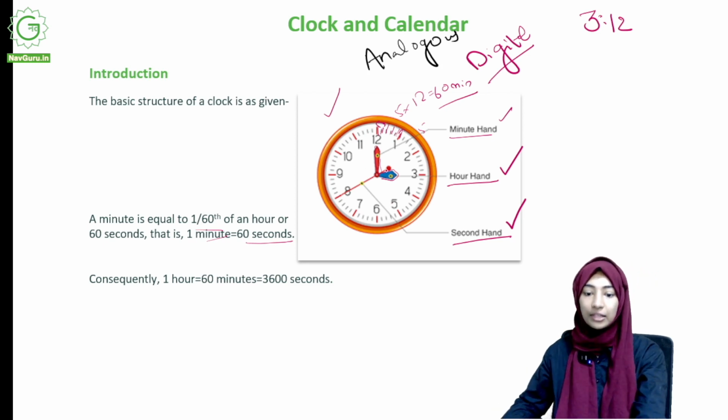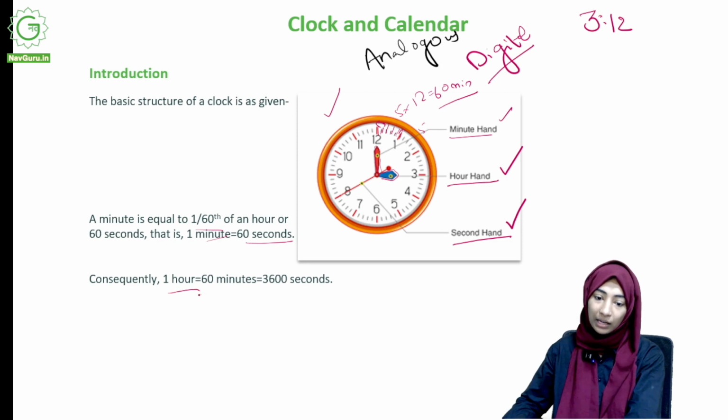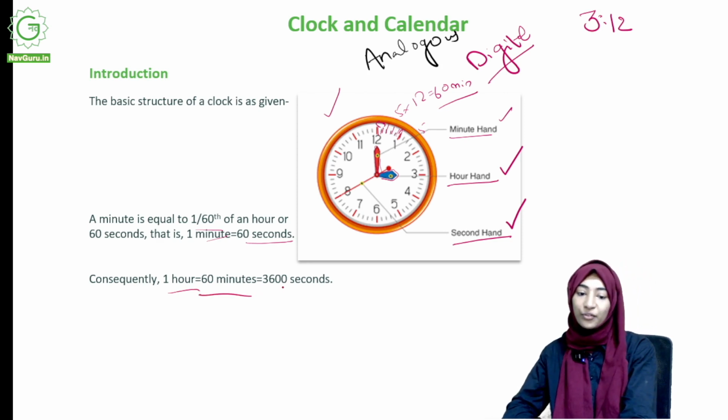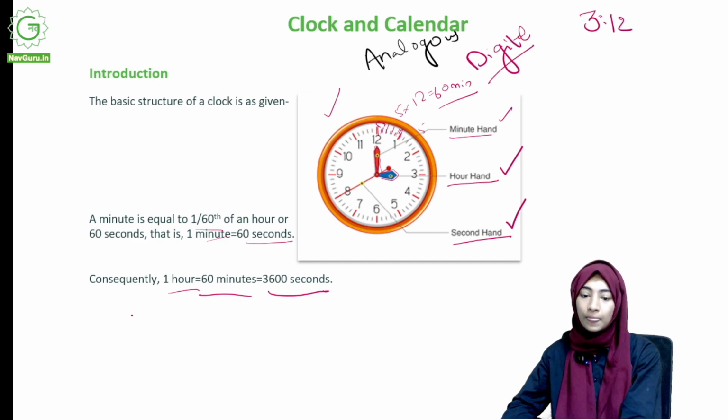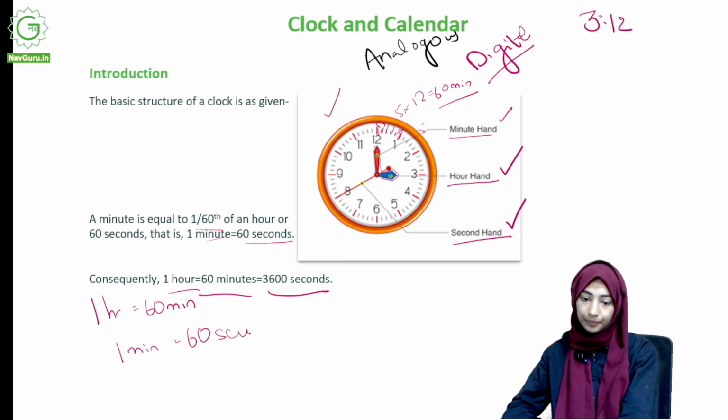As all of us already know, 1 hour is 60 minutes. If you write this in terms of seconds, it is 3600 seconds. How did you get this? You know that 1 hour is 60 minutes, and 1 minute is 60 seconds.